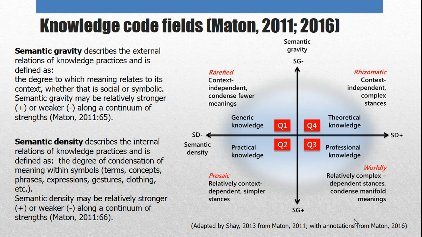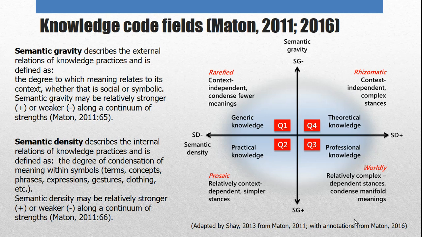Maton's knowledge code fields that he's then developed show us that there is what he calls a semantic plane. So it opens up far more possibilities than are visible through Bernstein's conceptualization. In simple terms, semantic gravity is about the external relations of knowledge practices. It means the degree to which the meaning relates to its context, whether social or symbolic.